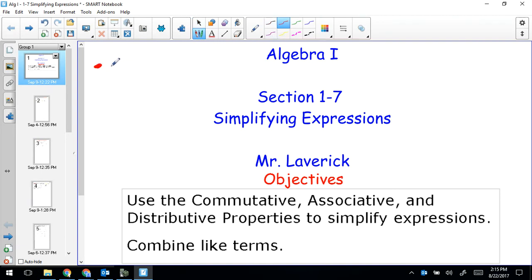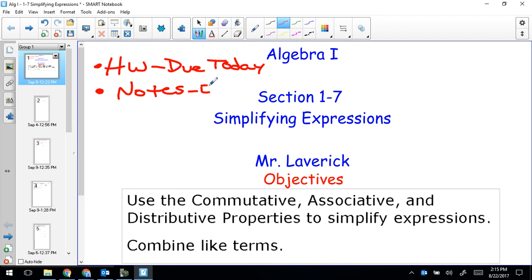I'm going to be checking the homework from this that was due today. I'm going to be checking these notes, and that includes all examples and notes.